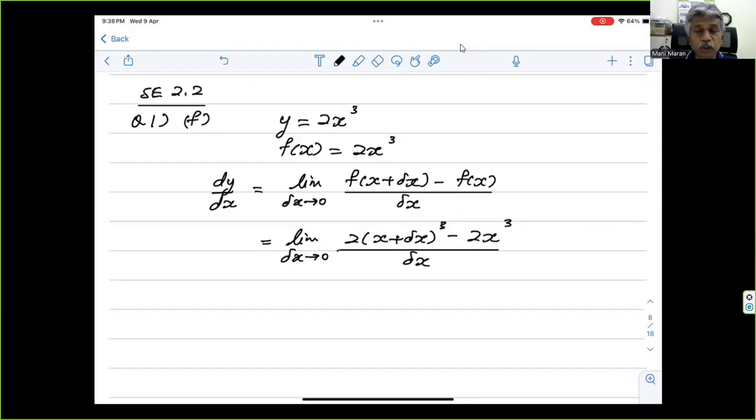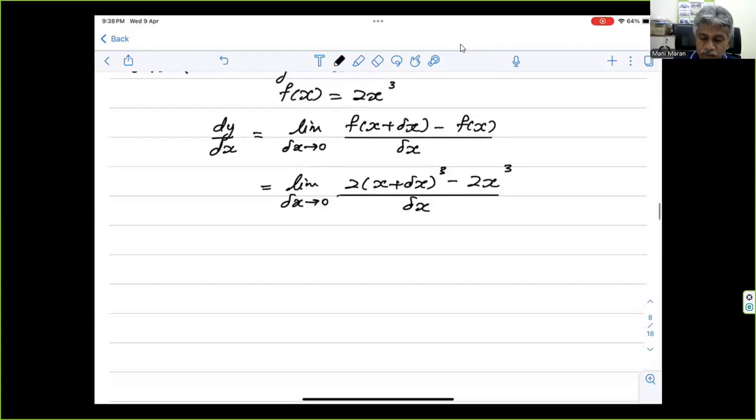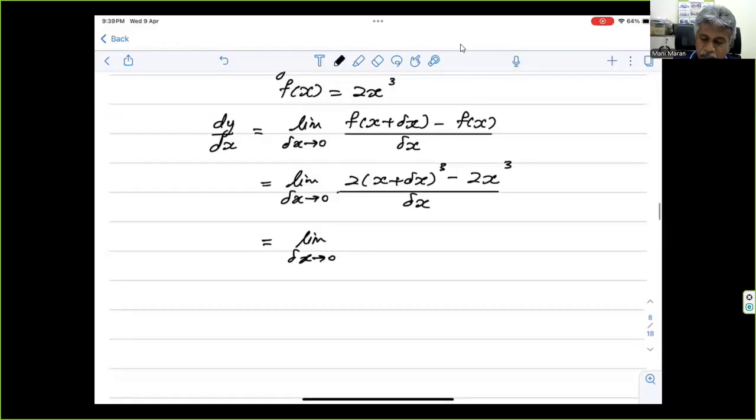Okay, so you've got a cube function which you need to expand. So continue down there. We're going to expand the cube function, which will be quite tedious, but we have to do this. Delta x approaches 0. So in order to expand the cube function, I will do it step by step. Once you are familiar, you can skip a few steps and do it faster.